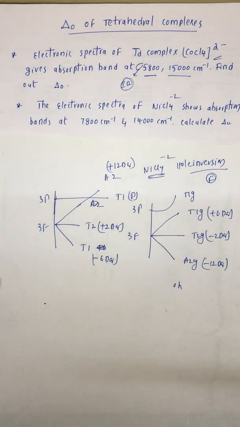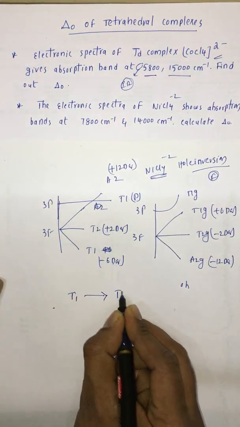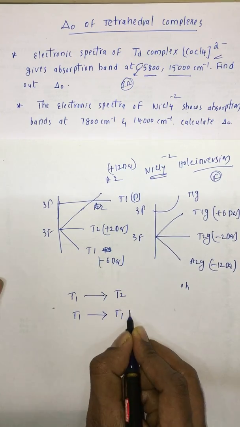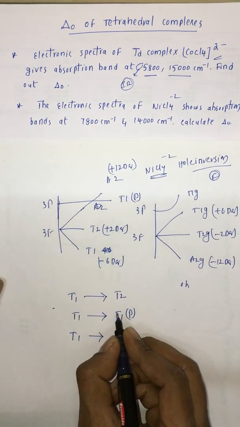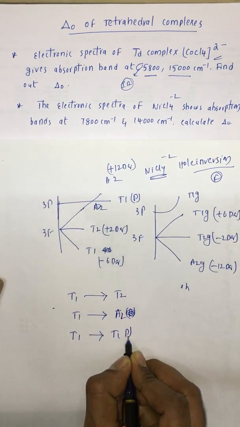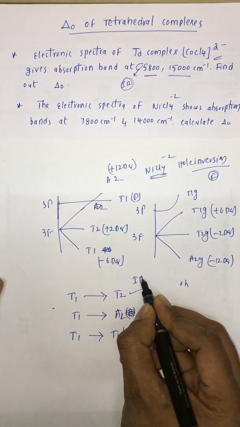So here also we have three transitions: T1 to T2, T1 to A2, T1 to T1P. Here also this transition comes in the IR range.